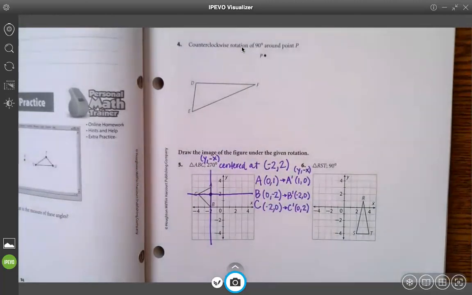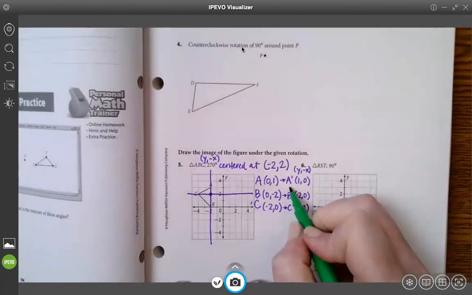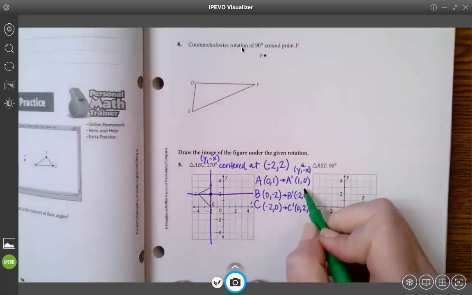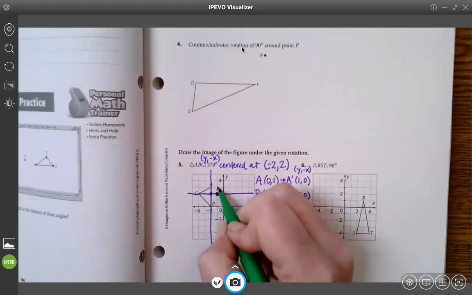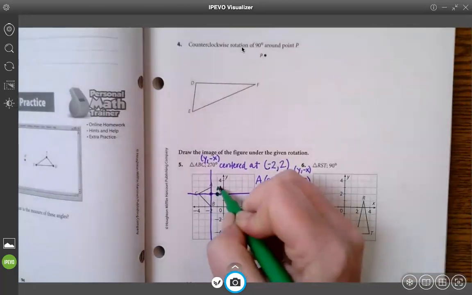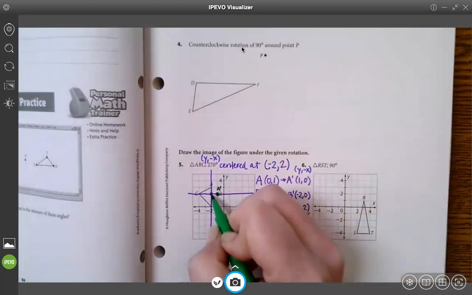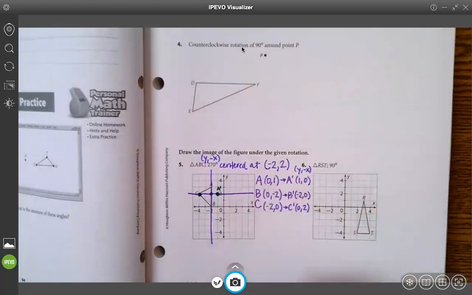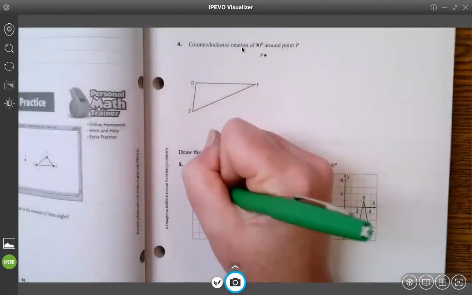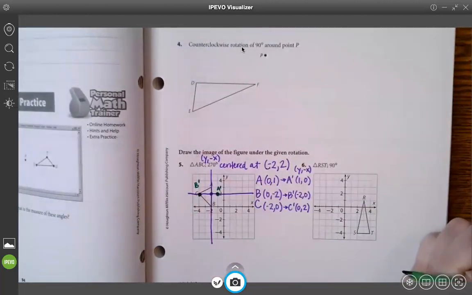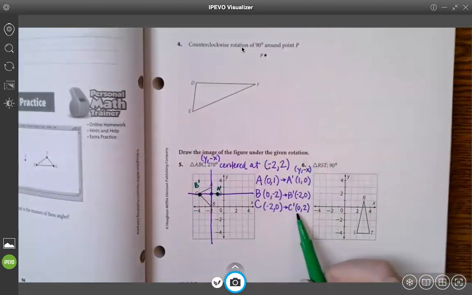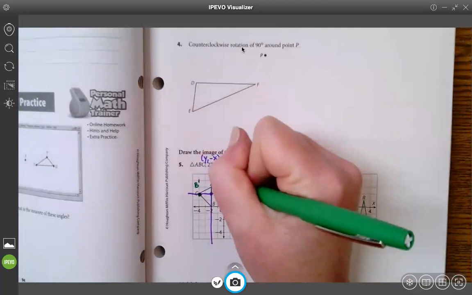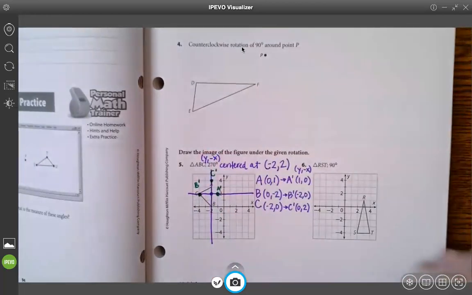Let me get a different color so you can see where I'm plotting. We're going to plot A prime at 1, 0 on our temporary axis. So 1, 0 would be A prime. B prime is at -2, 0. So -2, 0 is going to be B prime on our temporary axis. And then on our temporary axis, 0, 2 is going to be C prime.